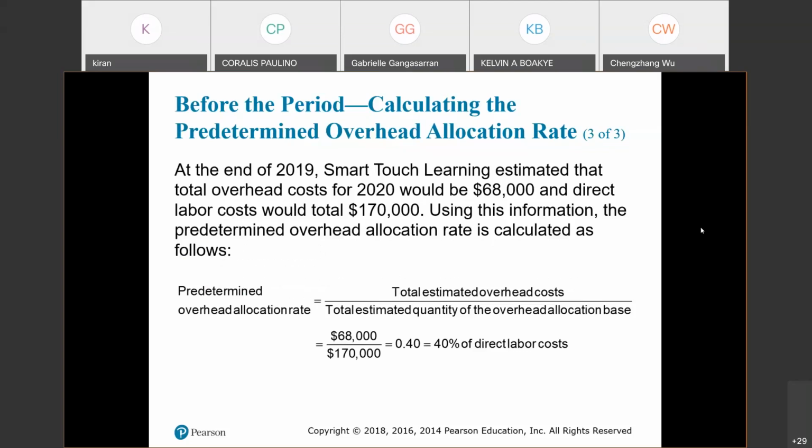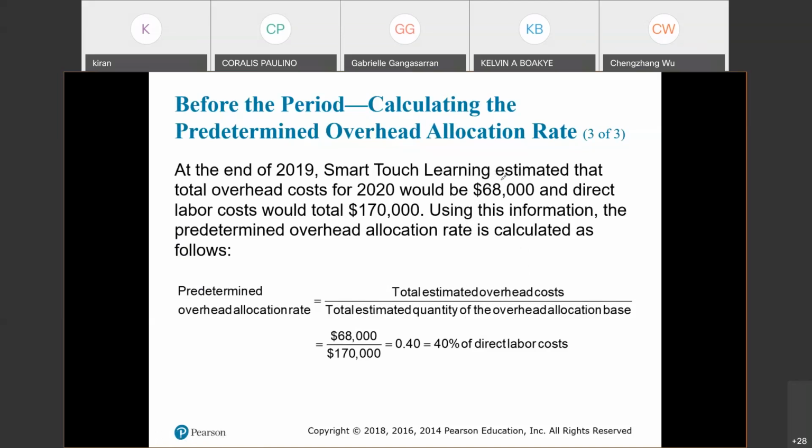Let's see this example. At the end of 2019, that means at the end of the last accounting period, SmartTouch Learning estimated that total overhead cost for next year would be $68,000.